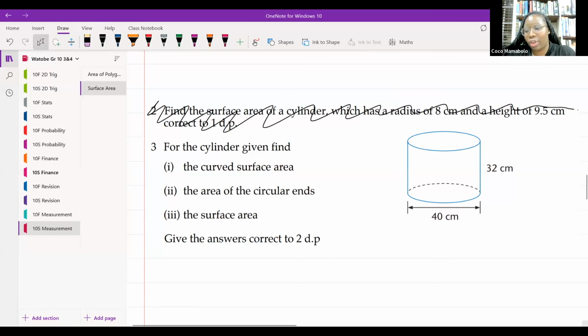All right, let's look at this question that I've got in front of us. We have a cylinder. With any surface area, we are going to have to break this down into its bits and pieces. What shapes is a cylinder made of? What shapes is my cylinder made of? Correct, a circle.